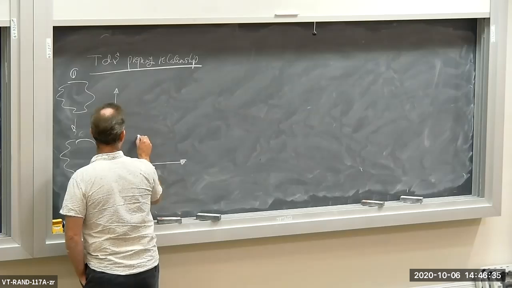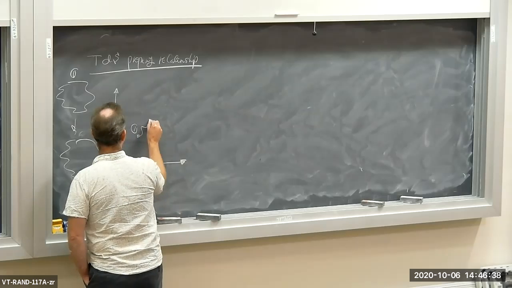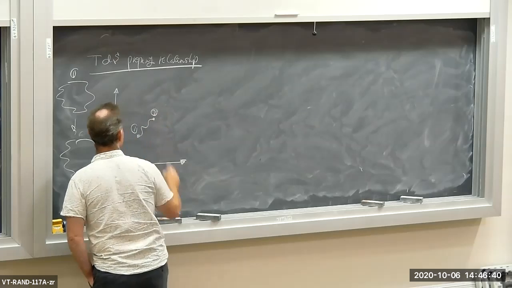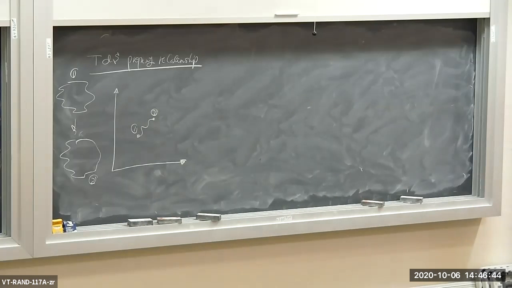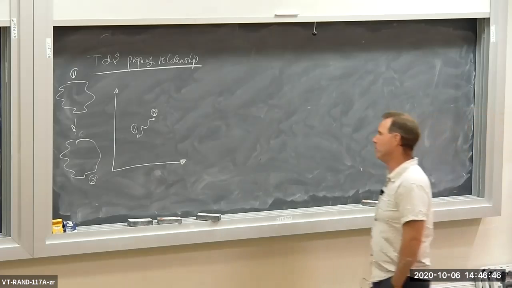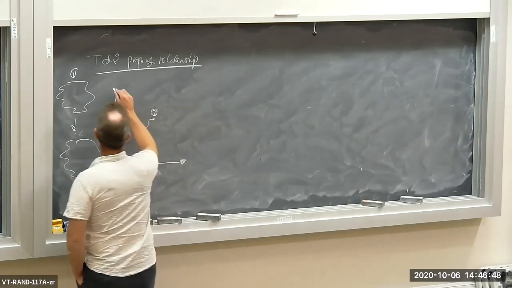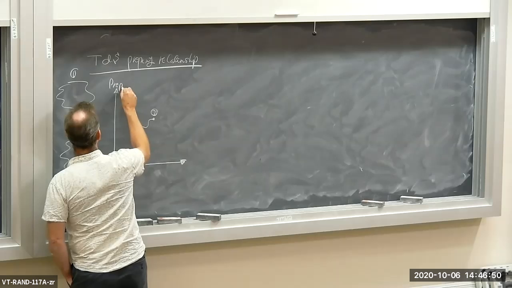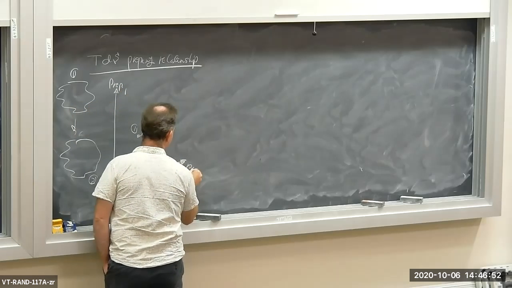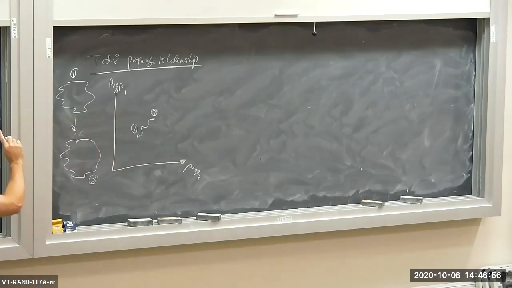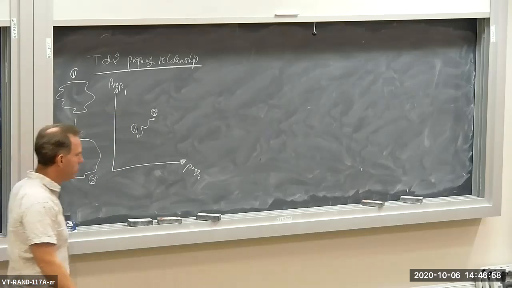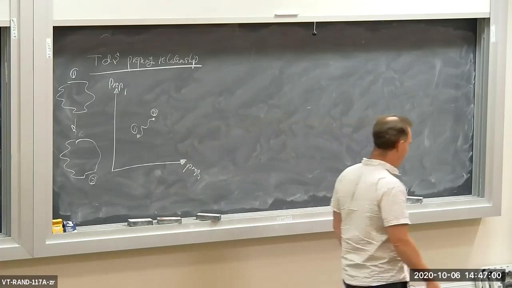So I'm going to start off at state 1, and I'm going to move a small distance. A small distance is going to be a differential process to state 2. So this could be a property. This is some property 1, and this is some property 2. Okay? It could be temperature, volume, entropy, internal energy, whatever.